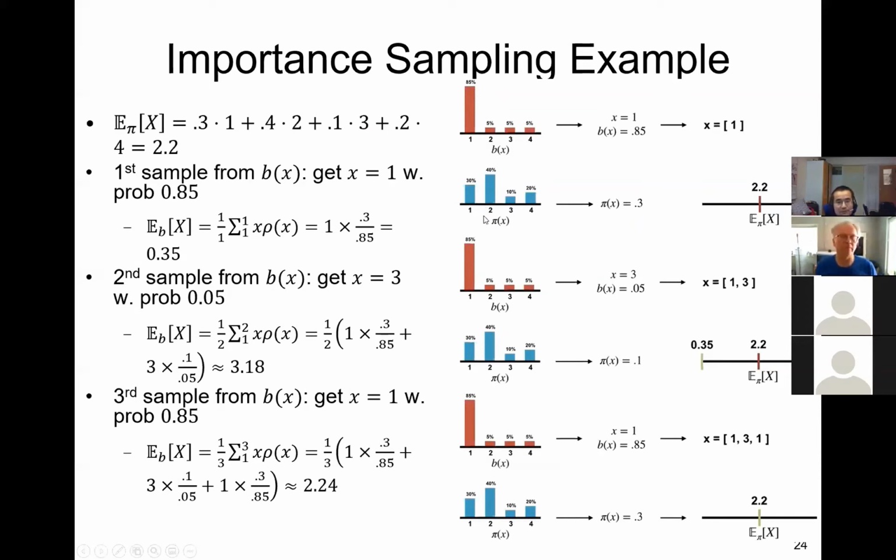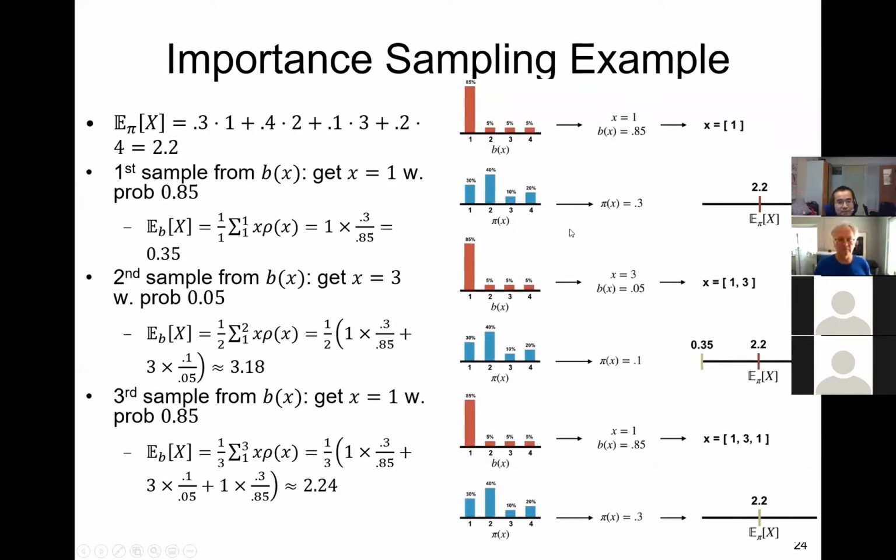We want to compute the expectation of x under distribution pi. We can simply compute it: 0.3 times 1 plus 0.4 times 2, and so on. So the expected value is 2.2. That's our ground truth. But we sample from B instead to evaluate the expectation under pi.